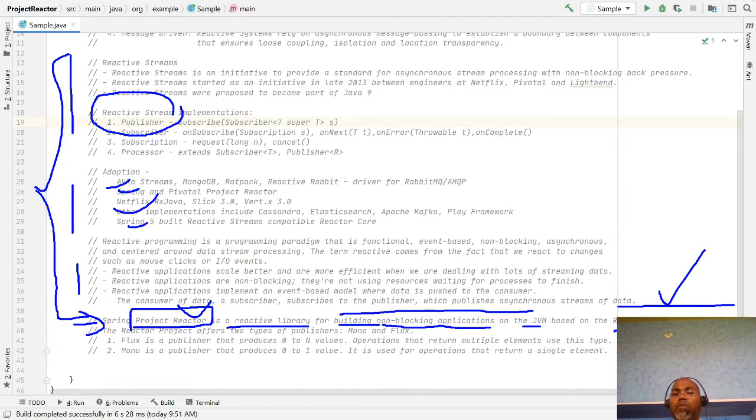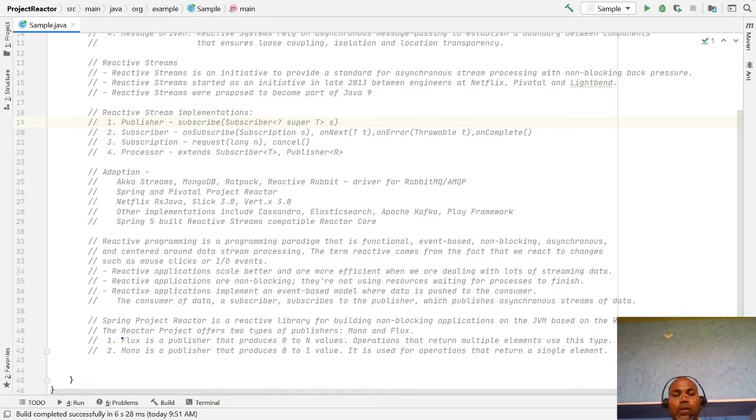What does the reactive stream specification say? It publishes four interfaces: Publisher, Subscriber, Subscription, and Processor. As per this set of interfaces, they are implemented by Spring Project Reactor.